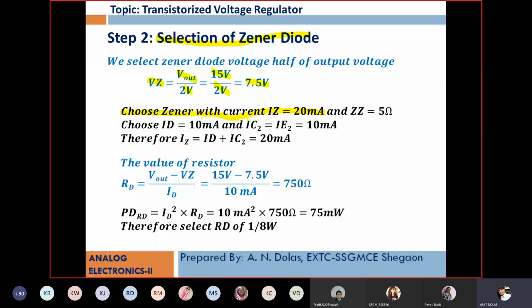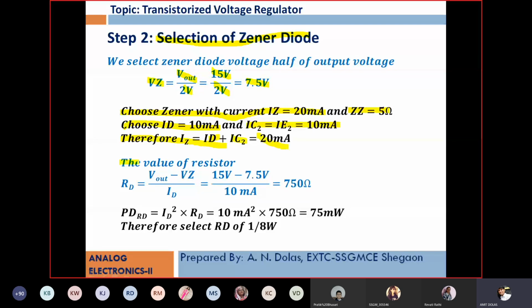But for simplicity, round figure values like 10, 20 are easy for calculation. So Zener resistance is 5 ohm. Choose ID, the current passing through the resistor, as 10 milliampere. Current passing through the transistor is 10 milliampere. Therefore, the Zener current is ID plus IC2, that is 20 milliampere.